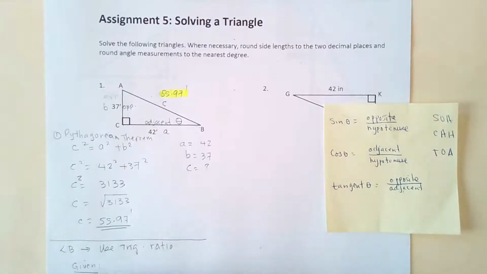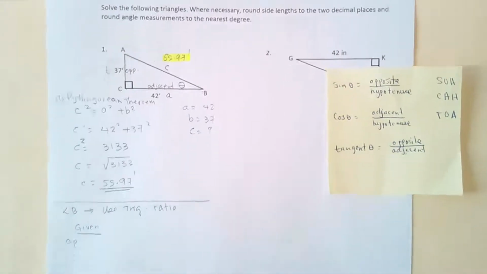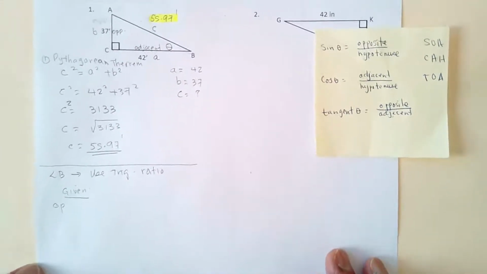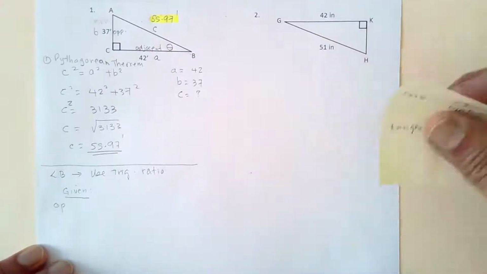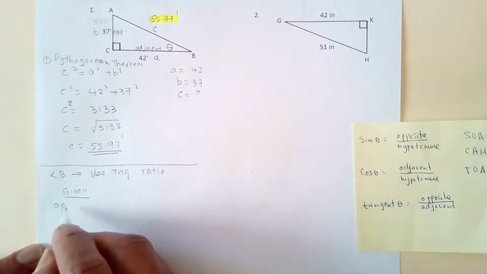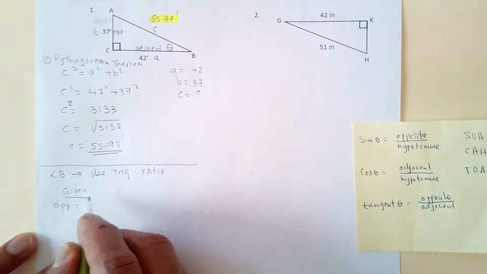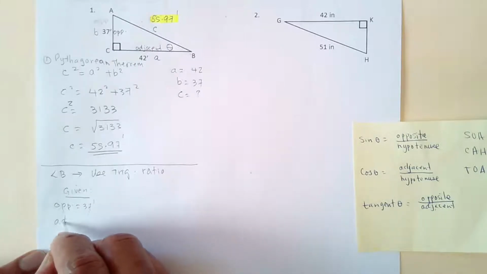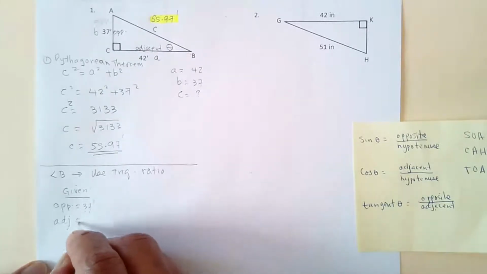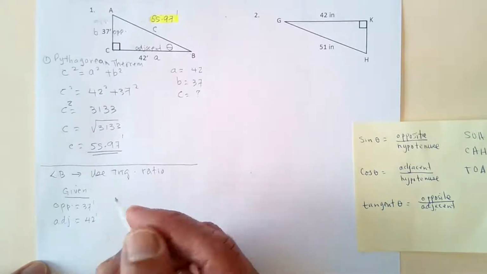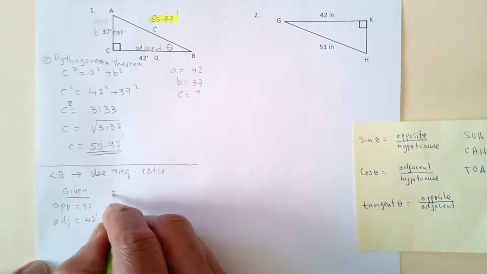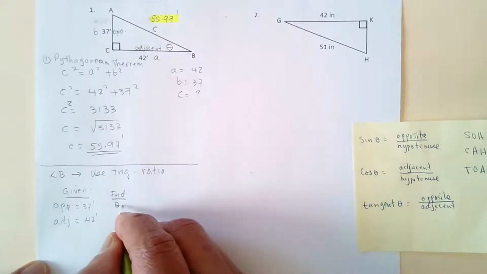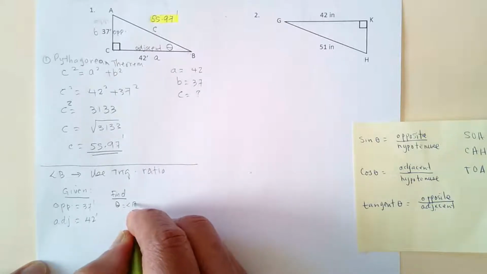So we're given opposite, which is equal to 37, and the adjacent, which is equal to 42 feet. And we need to find theta, which is angle B.